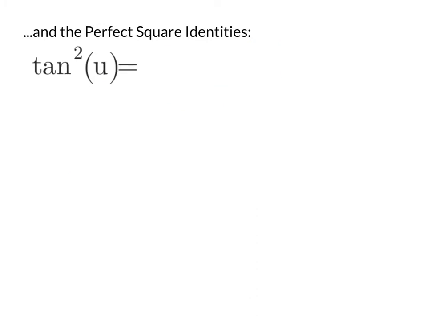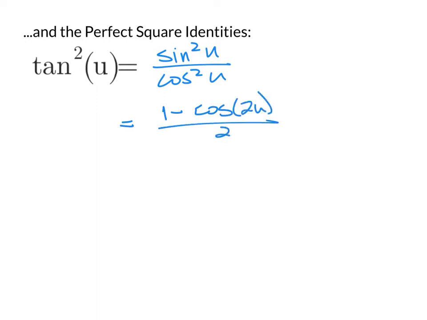That makes finding the perfect square identity for tangent squared so easy because tangent is sine over cosine. So we just substitute those two identities we just came up with. So for sine squared of u, that's 1 minus cosine of 2u over 2.